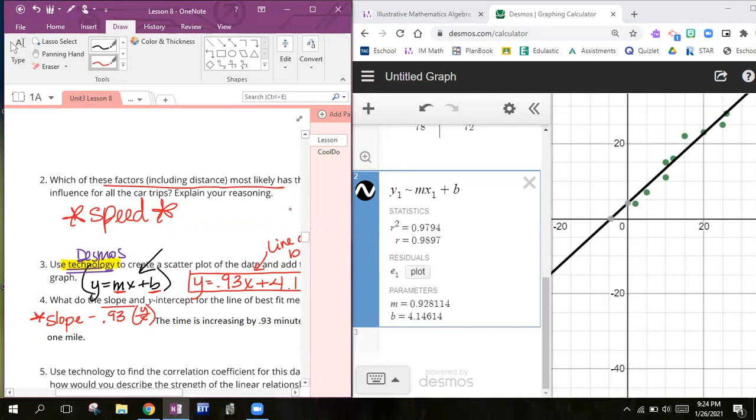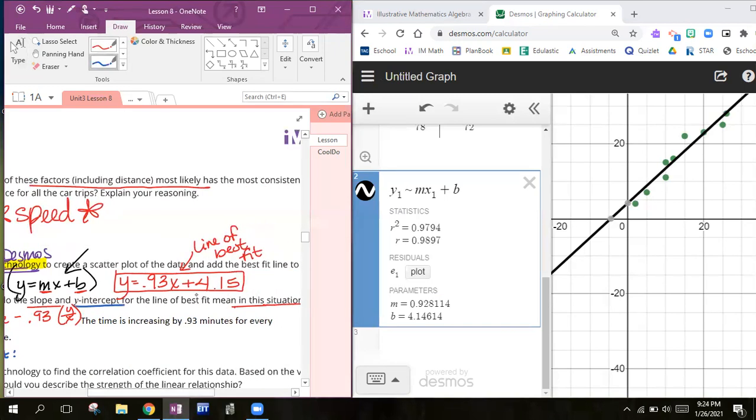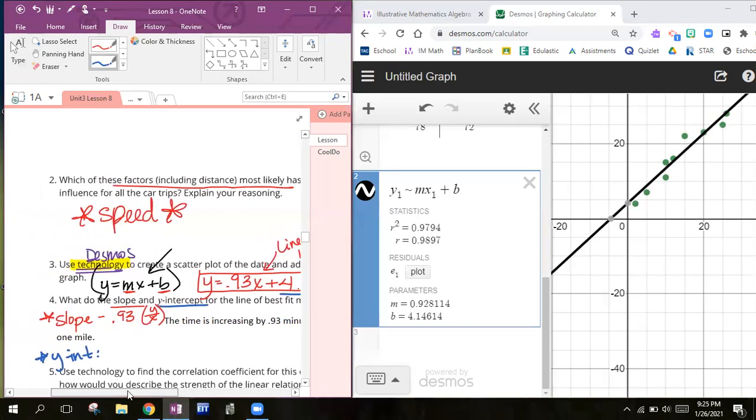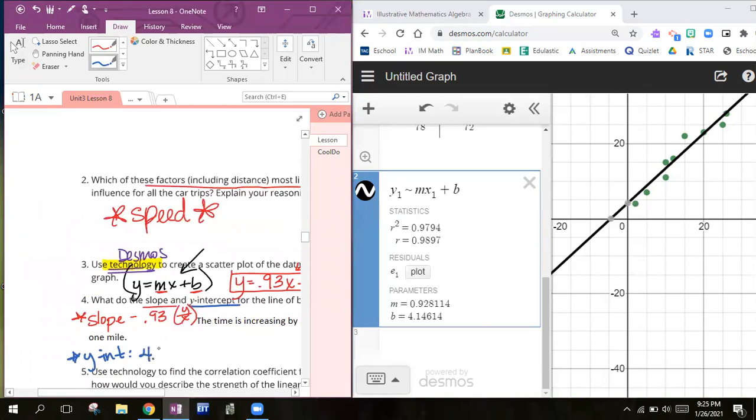Okay, so next question, what does the y-intercept mean? Okay, so the y-intercept is 4.15. And actually I'm going to write it like this.